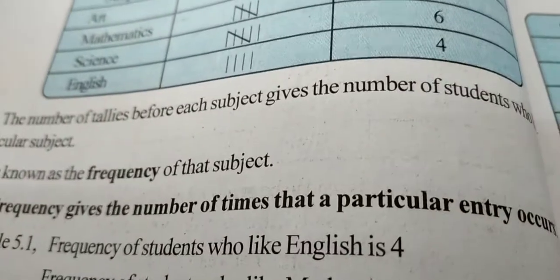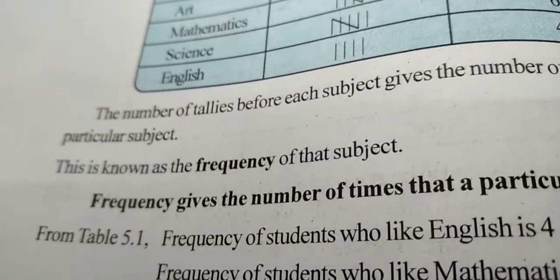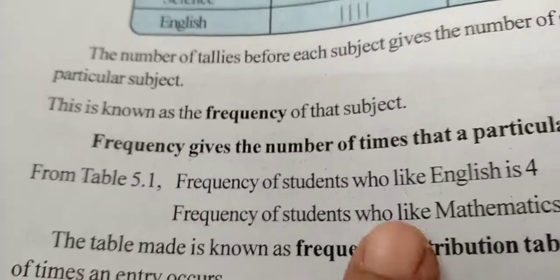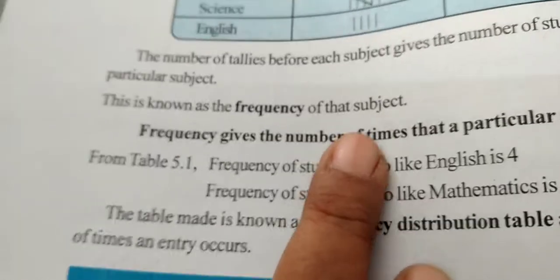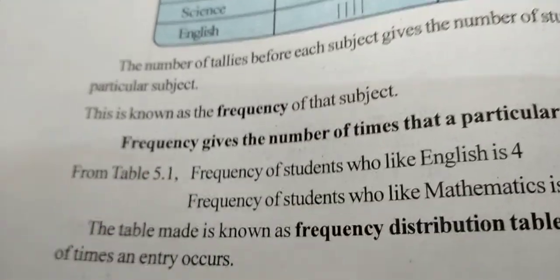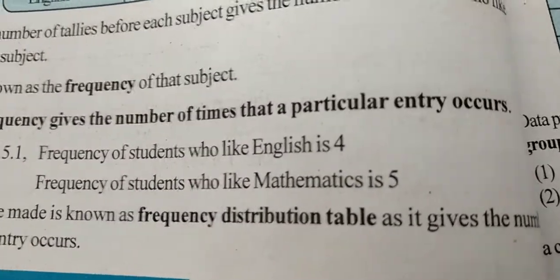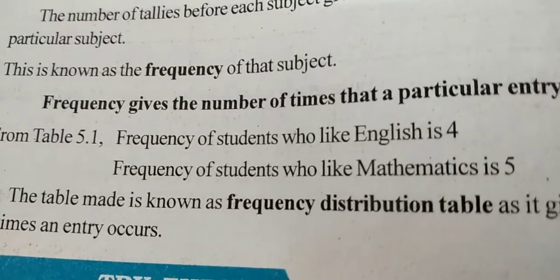The number of tallies before each subject gives the number of students who like that particular subject, and this is known as the frequency of that subject. Frequency gives the number of times that a particular entry occurs. What is frequency?